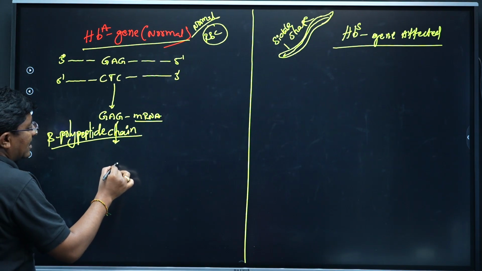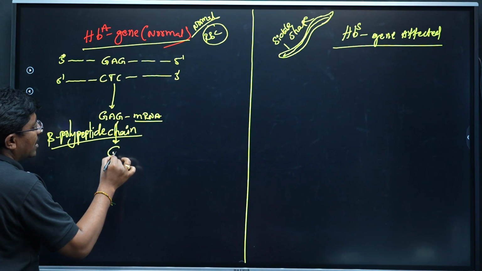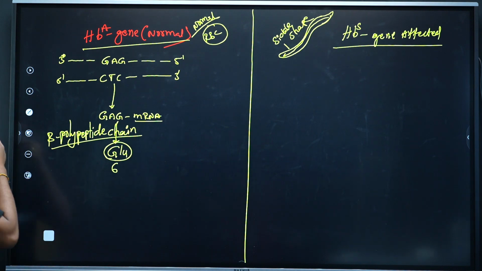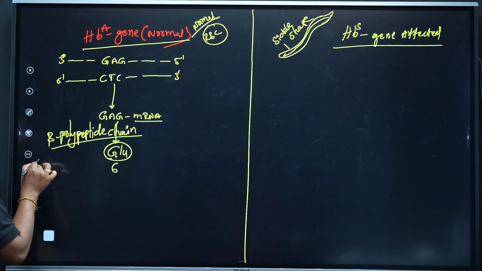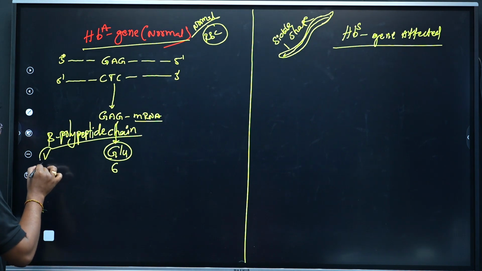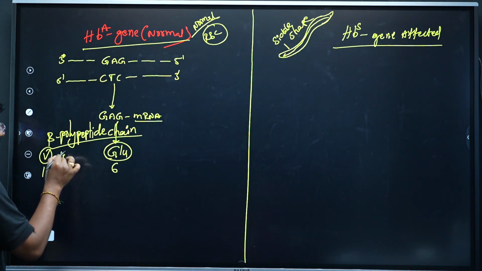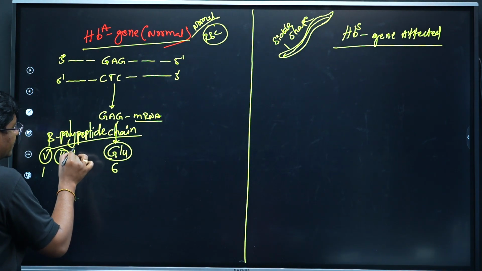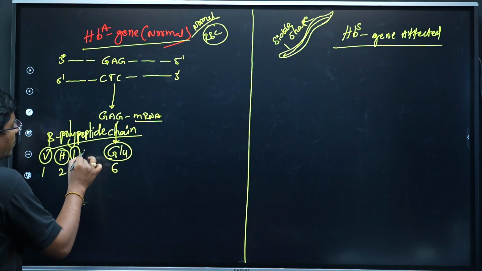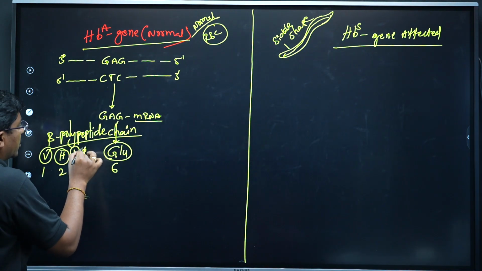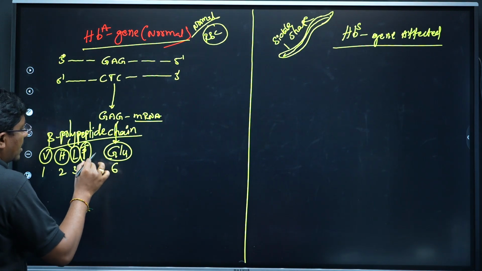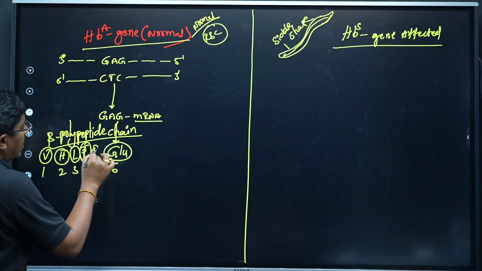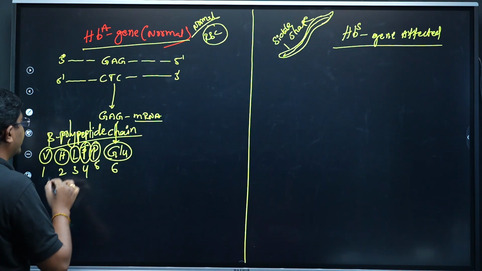See, at the 6th position of the amino acid, generally glutamine amino acid is there. So here valine is one amino acid, histamine is one, valine, histamine, leucine, proline, threonine, and it is the fifth one, proline.